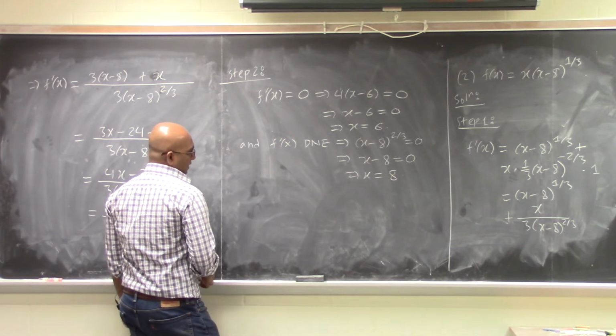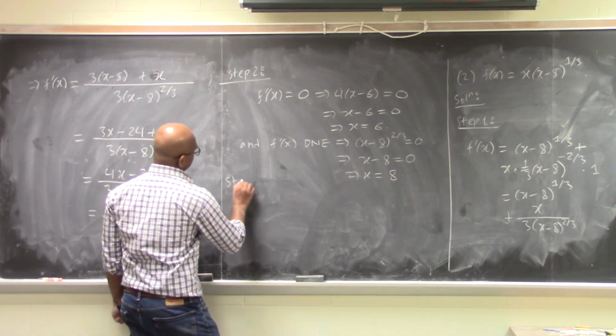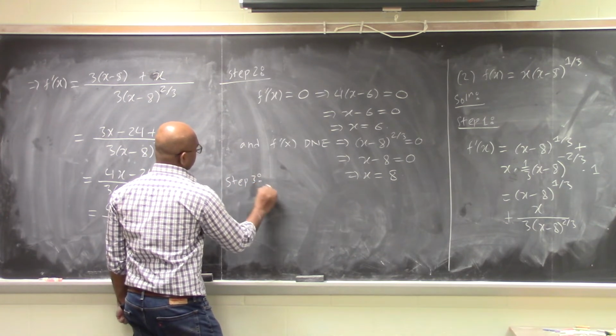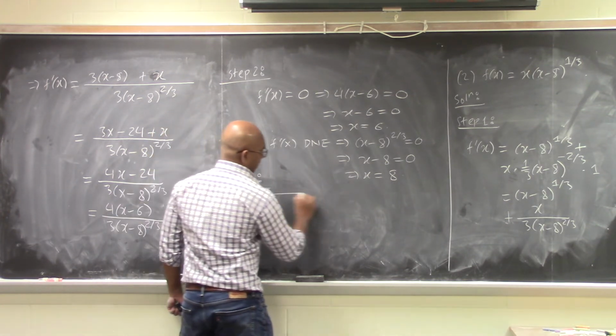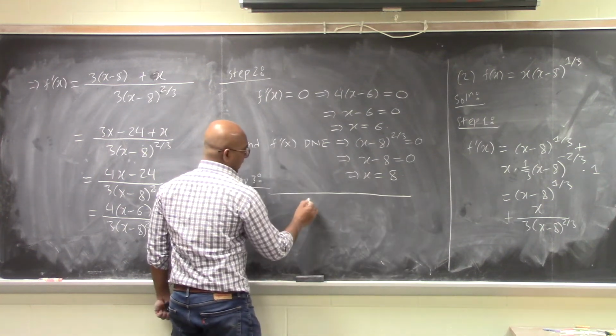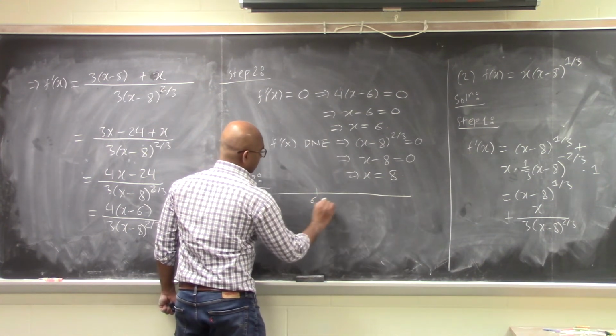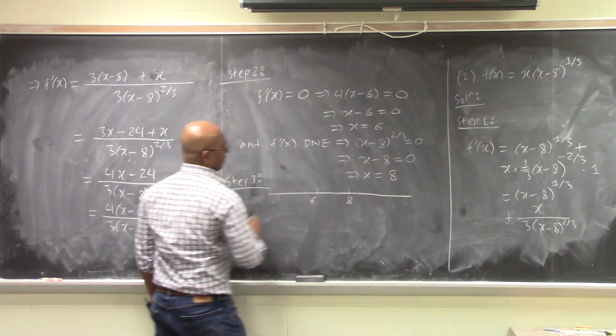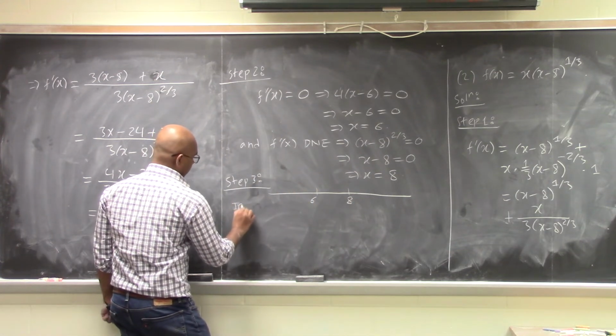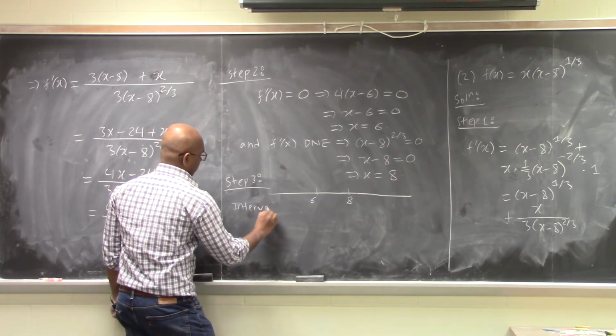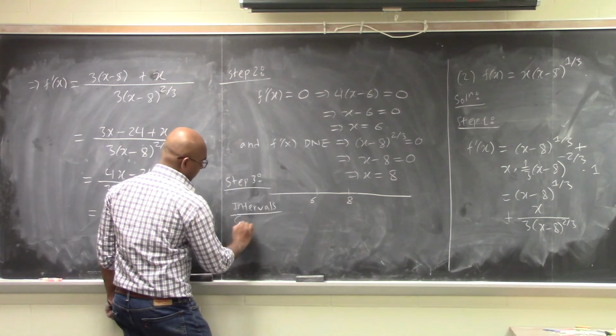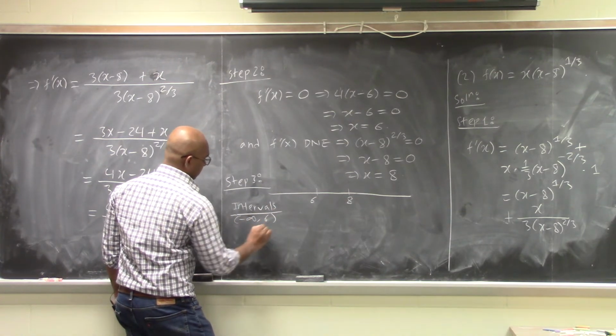Then what is the next step? Step 3, find the intervals where it's increasing or decreasing, right? And here I have just 2 points, 6 and 8. These are two critical numbers. So intervals, we'll have 3 intervals, negative infinity to 6.